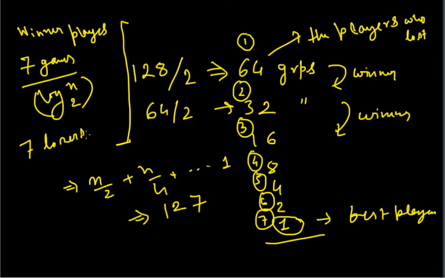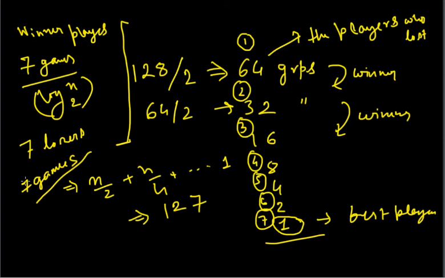So the second best player can be determined in only 7 games. Those 7 losers are the candidates, because those are the ones whom the champion beat, right?